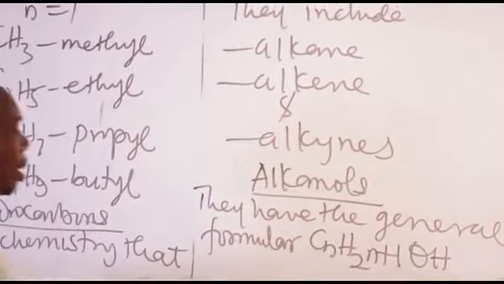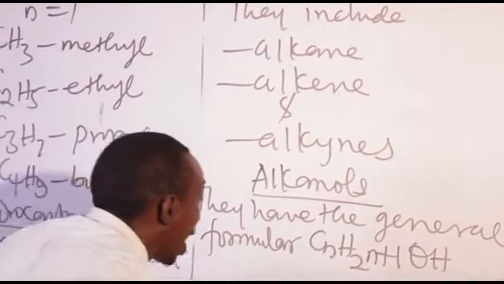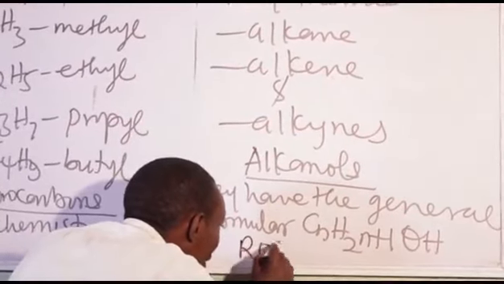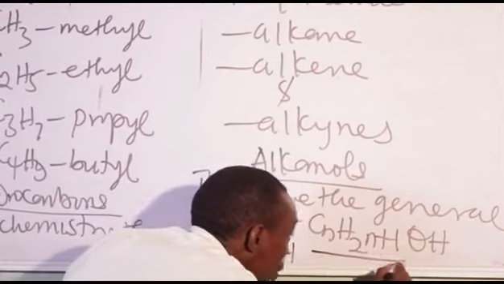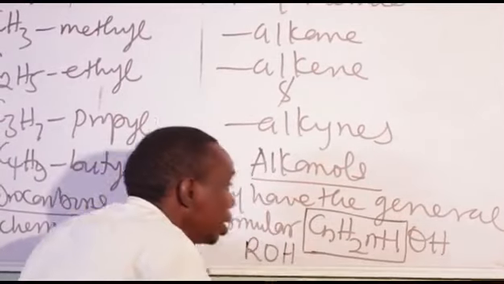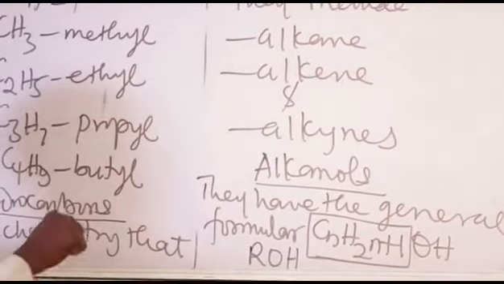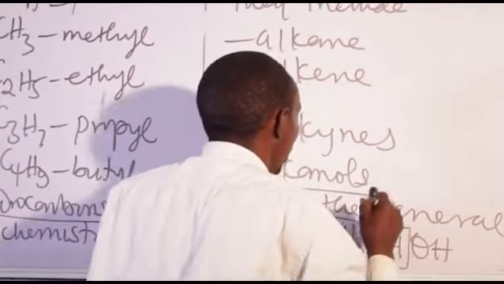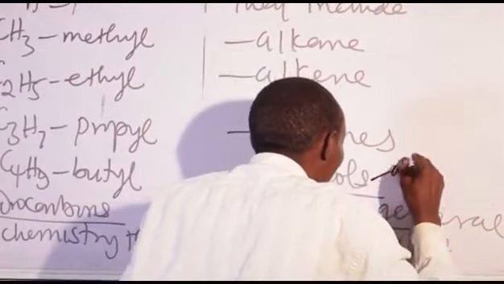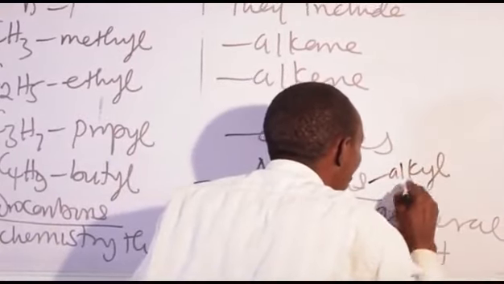Look at it very well. You have the alkyl attached to the OH. Remember that CnH2n plus 1 is the alkyl group. So when you have OH attached to alkyl, that is alkyl alcohol. Alcohol can be defined as alkyl alcohol.